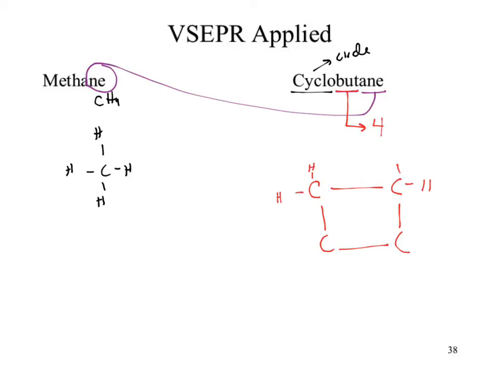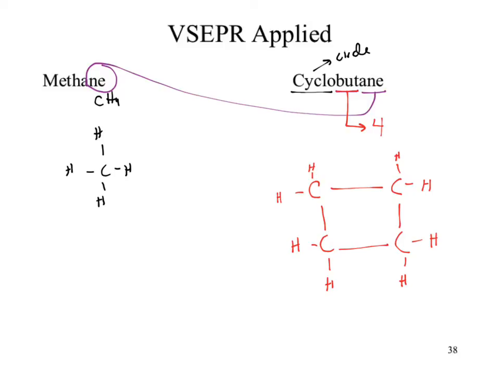How many electron groups around the carbons in methane? Electron groups. 4. How many electron groups around the carbons in cyclobutane? 4. What is the bond angle, or what is the shape in methane? Tetrahedral.